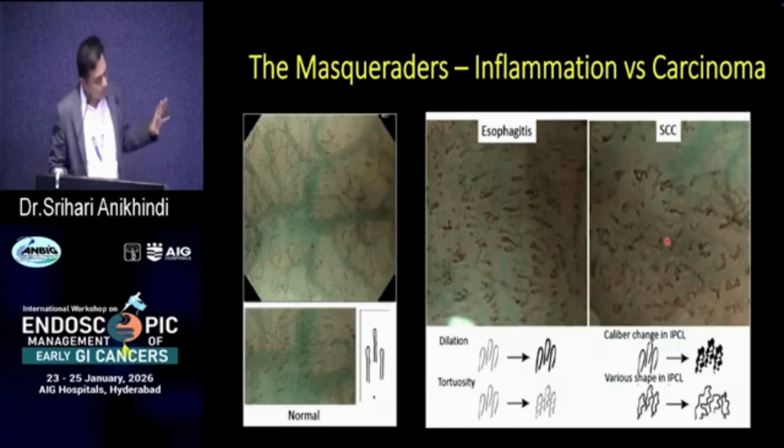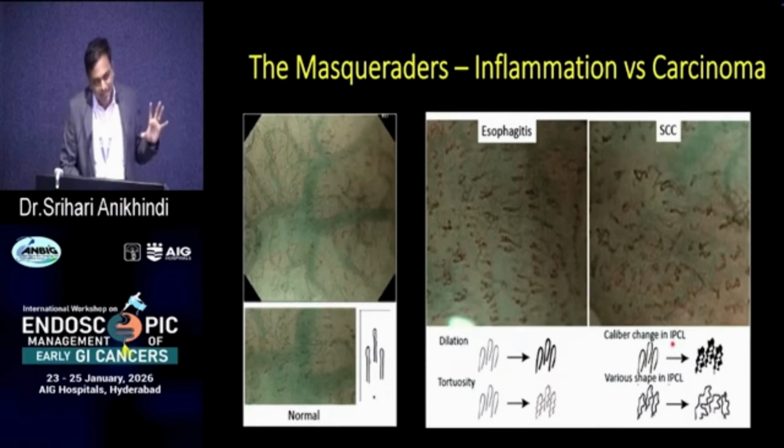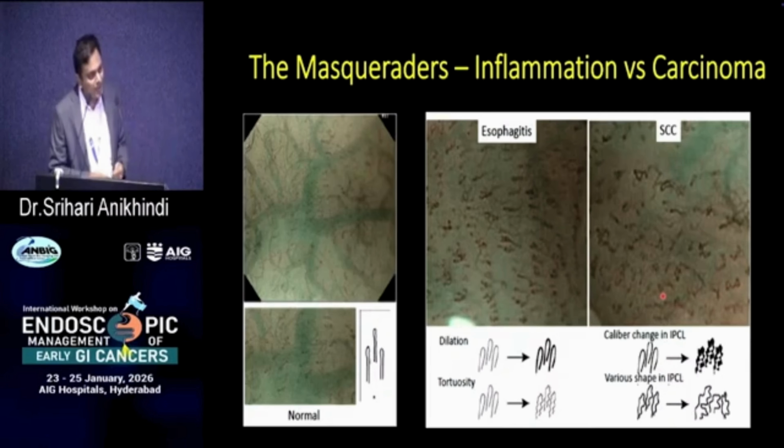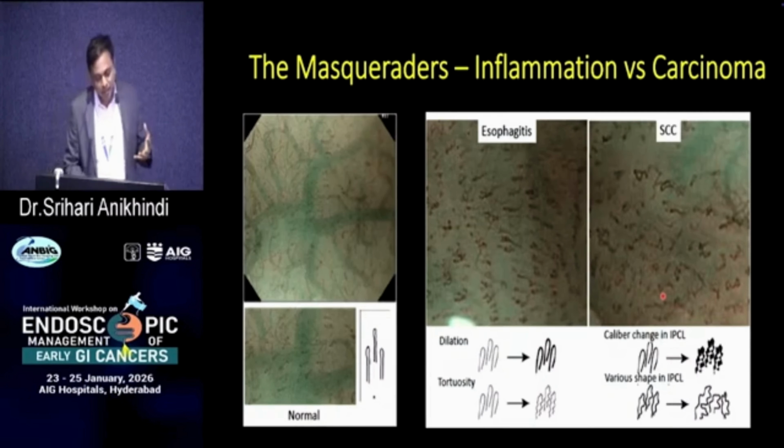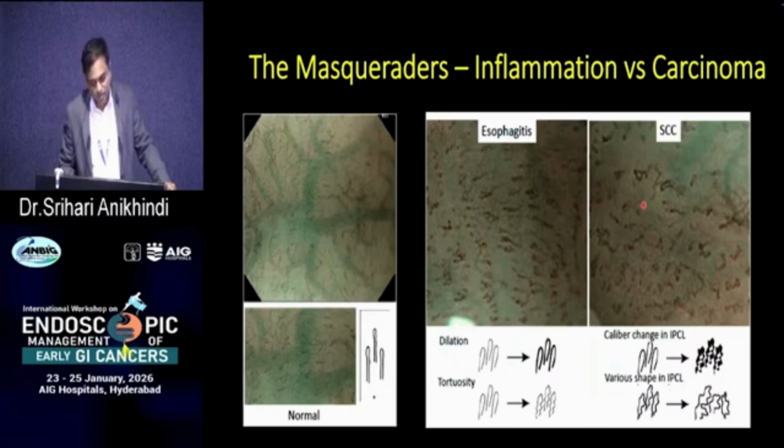But this appears quite complex usually for beginners, and especially the problem lies when you have to differentiate whether it's an esophagitis, an inflammation, or a malignancy, because many times these IPCLs tend to appear similar. So it's very difficult sometimes to differentiate between an inflammatory lesion versus a neoplastic lesion.